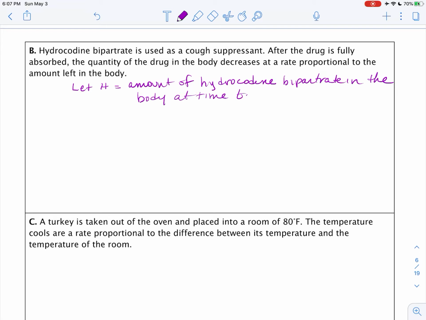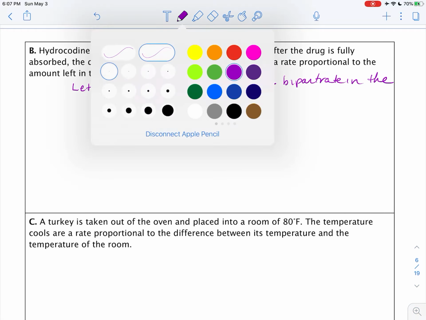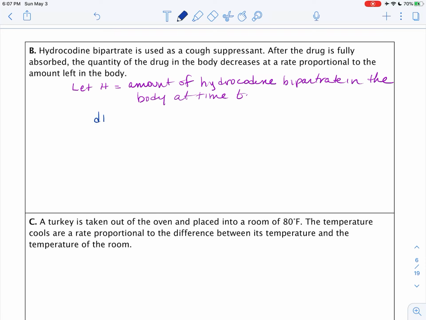So if it's a function of time, you're looking at H of t. So again, the rate of change dH/dt is the rate at which the drug is in the body.